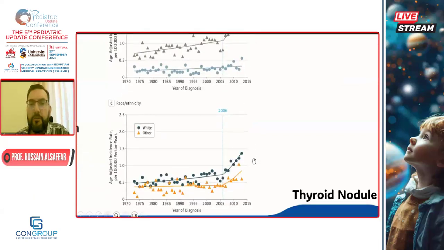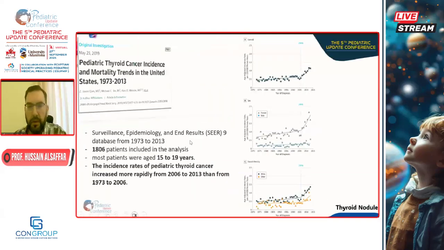And then if we look at the ethnicity, it's more common or more prevalent in white race compared to the other ethnicities. So from this SEER study, which is 9 databases being looked at, the prevalence has jumped from 0.48 per 100,000 persons a year to 1.14, and that is a significant rise.